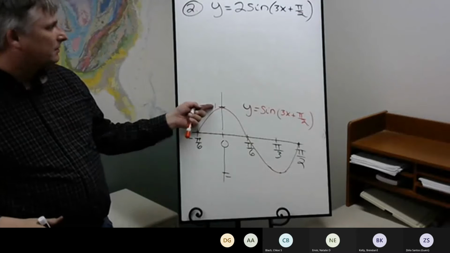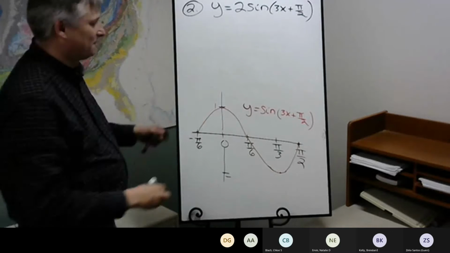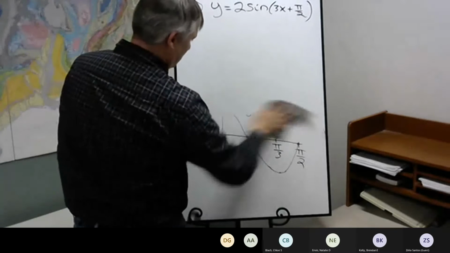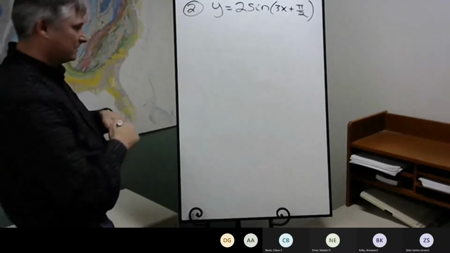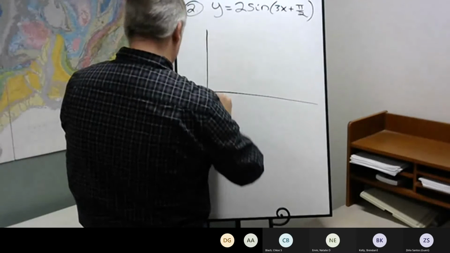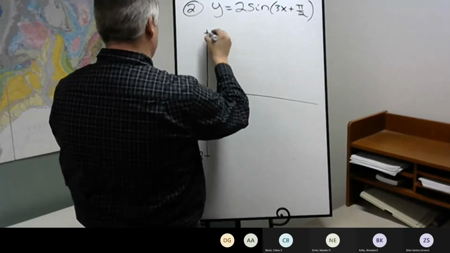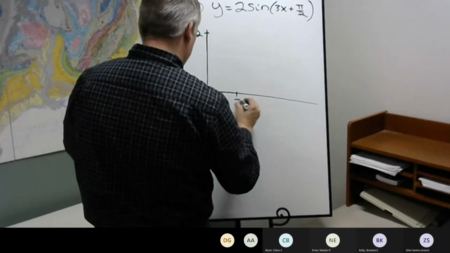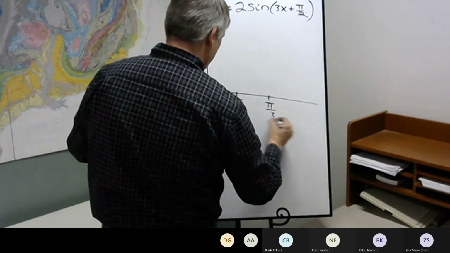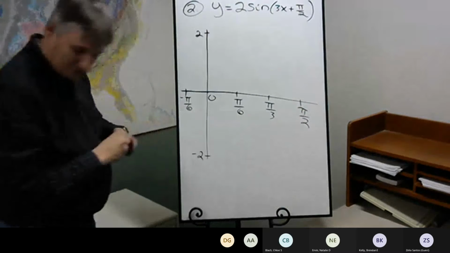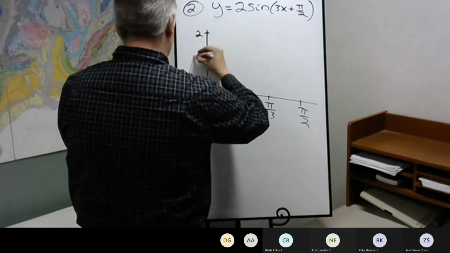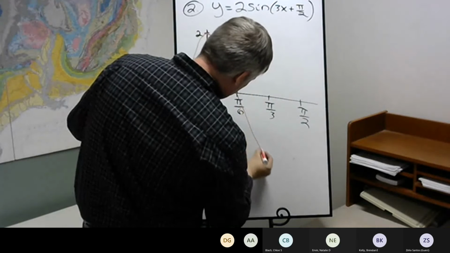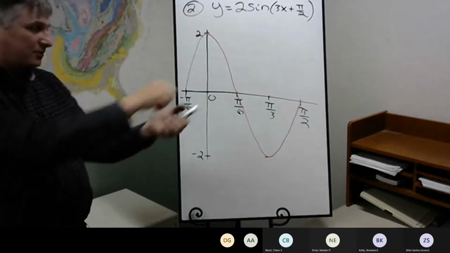So instead of going from -1 to 1, it's going to go from -2 to 2. So now we've got that. We're just going to stretch this thing vertically.